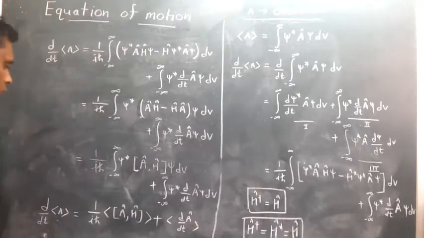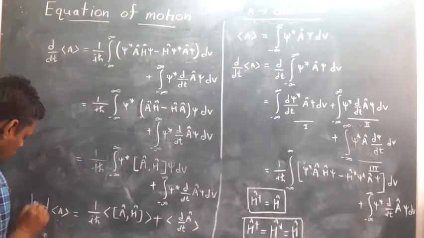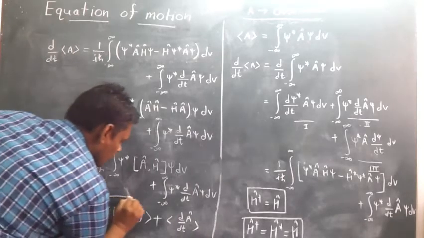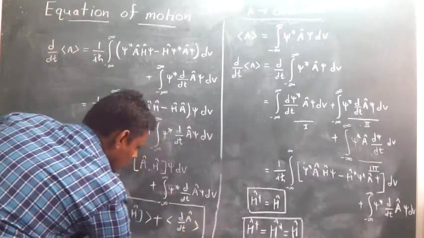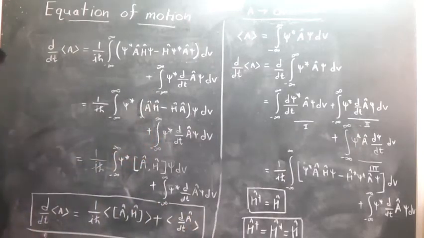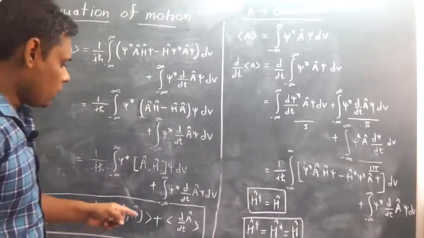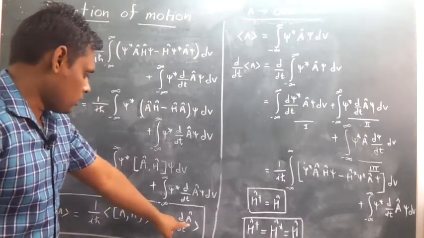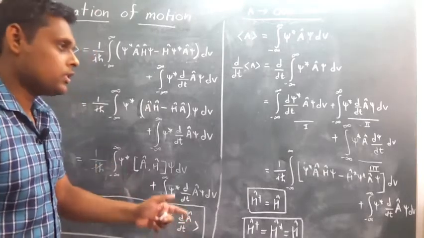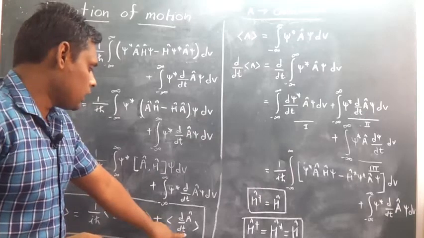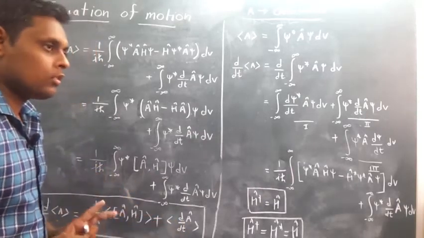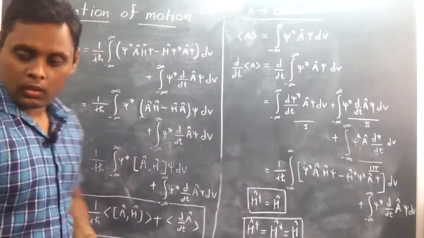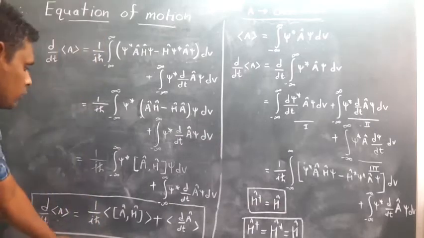So this is your equation of motion. Also, if the operator A doesn't change with time, then this last value becomes 0.